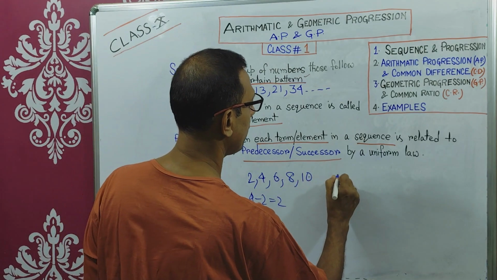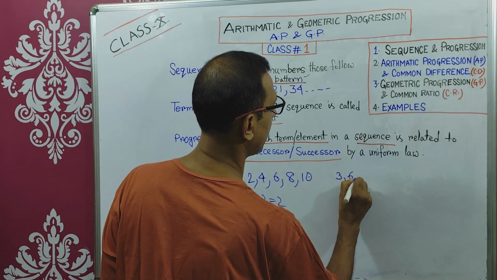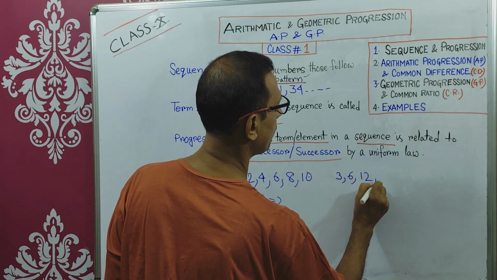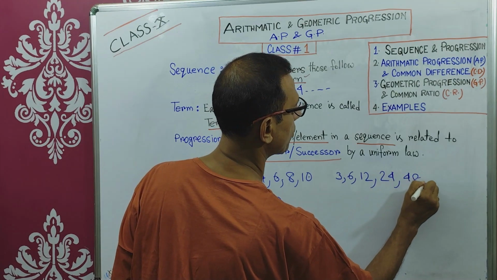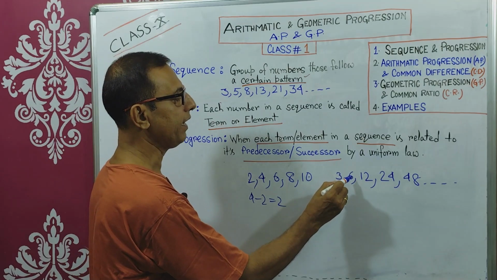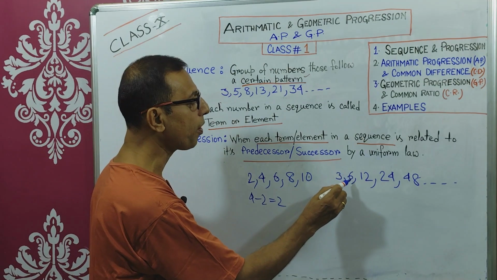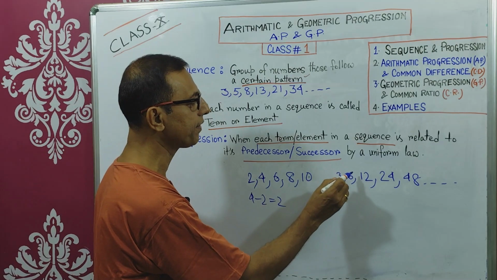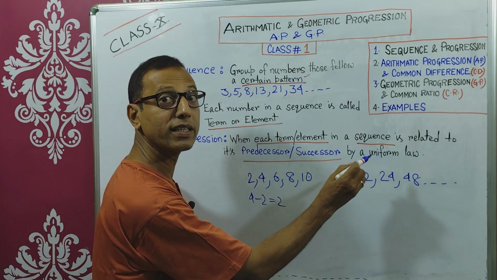Another example: 3, 6, 12, 24, 48 and so on. Here also each element is related to its predecessor or successor by a uniform law. What is the law?